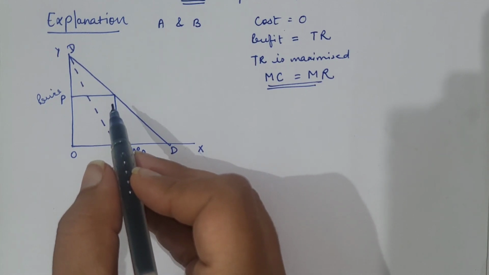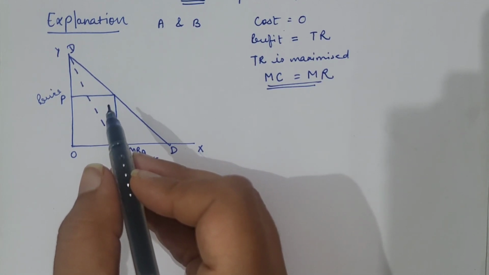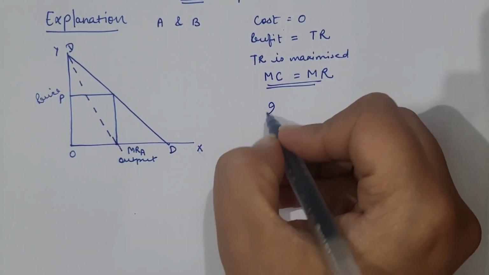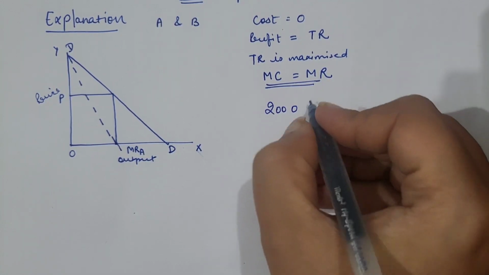So, let's suppose firm A is first to start the production and total output is required 2000 units.